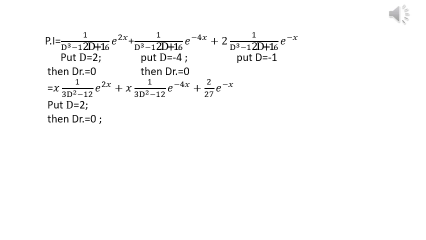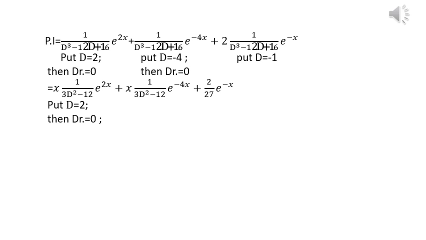But what happened here? When putting d is equal to 2, the denominator is equal to 0. So I must write the equivalent formula. Equivalent formula is x into 1 by 3d square minus 12 e to the power 2x. How did I get this 3d square minus 12? By differentiating d cube minus 12d plus 16. Then put d is equal to 2 now.